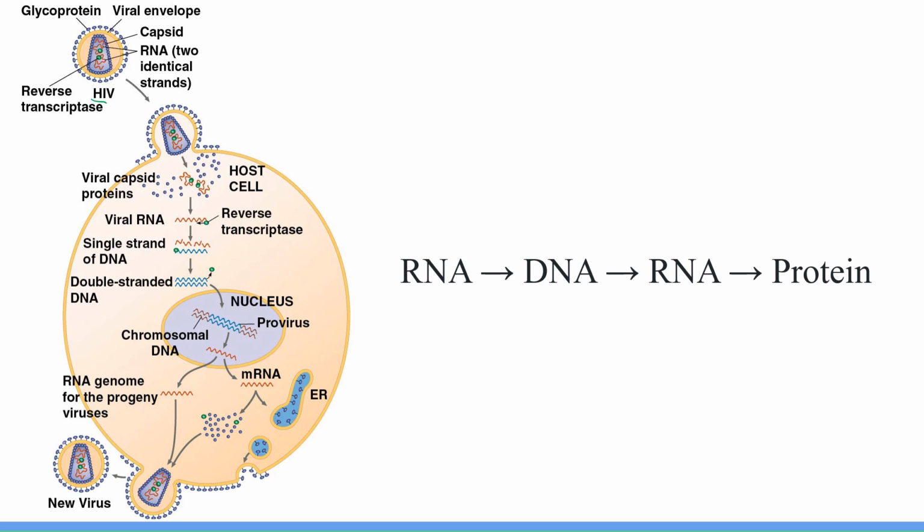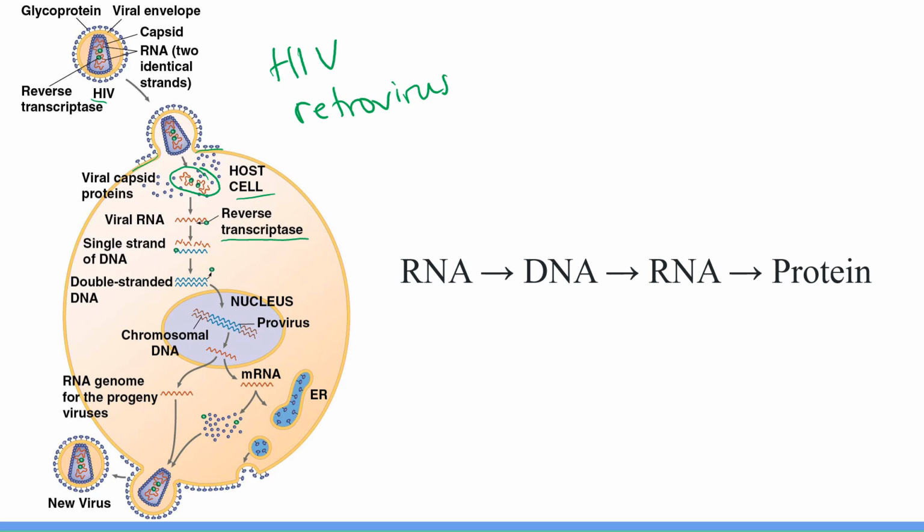We have HIV. With the glycoproteins allows the HIV to enter and release its content to the host cell. Within the contents, y'all, we see the viral capsid proteins, as well as reverse transcriptase and RNA, since HIV is a retrovirus.